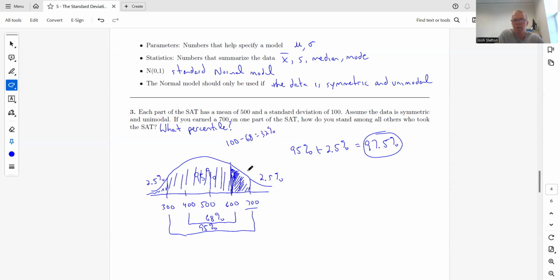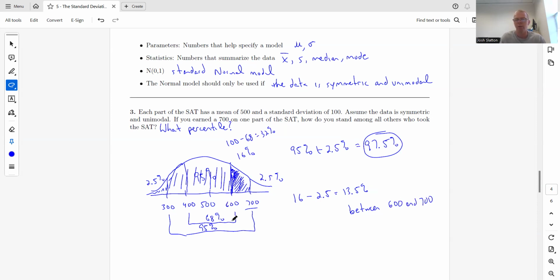Half of that 32% will be over here, half of that 32% will be over here. So 16% would be above 600. 2.5% would be above 700. So that leaves the difference of 13.5% between 600 and 700. So you can use this symmetry to get any of these sections.